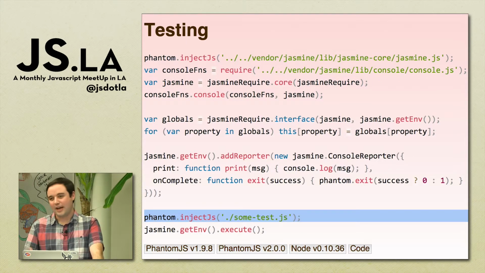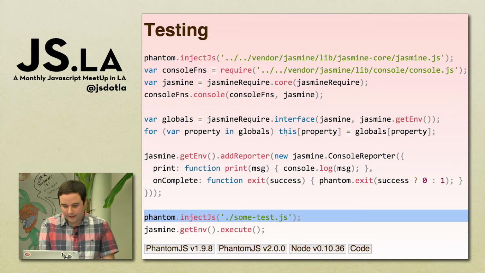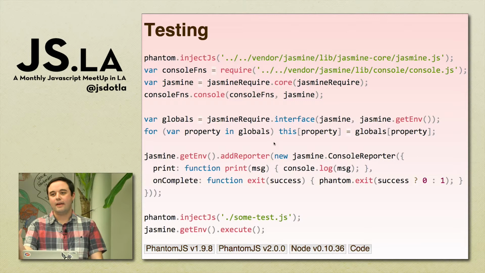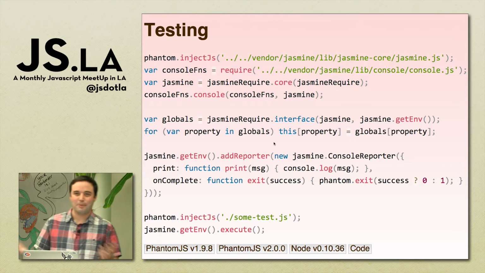But you do the same InjectJS, so that when everything's defined in the global scope up here, it's going to be in scope within the Jasmine test you're running. And again, Jasmine does this, but it's not specific to Jasmine. QUnit does the same thing, where it dumps a bunch of variables.